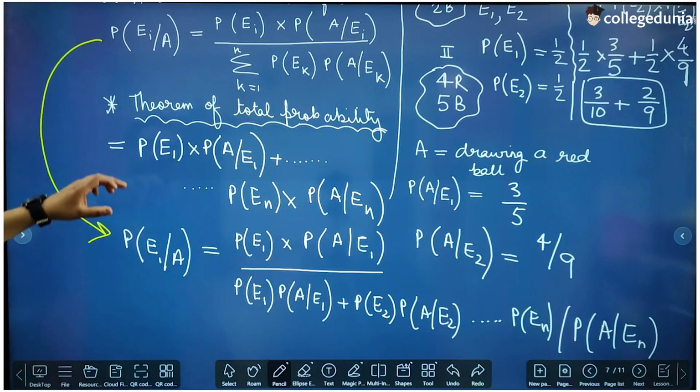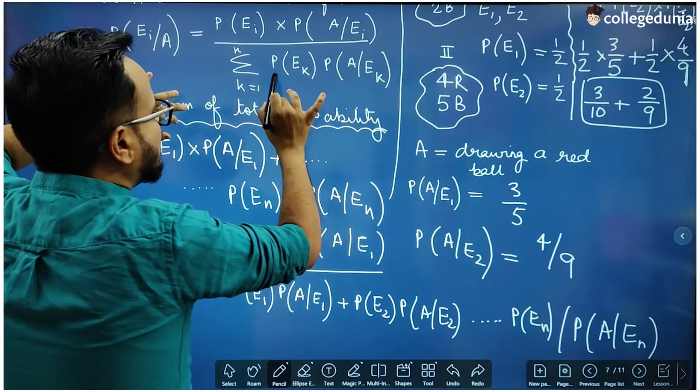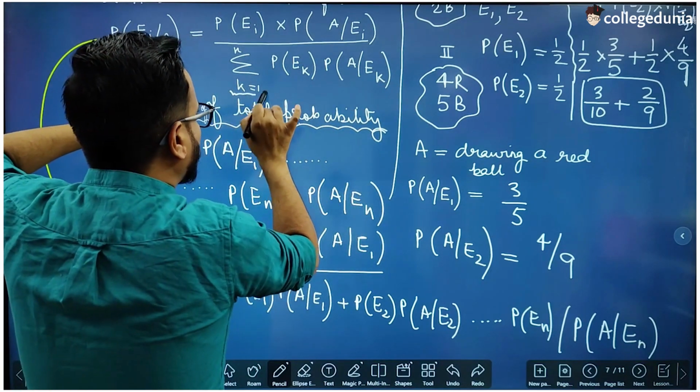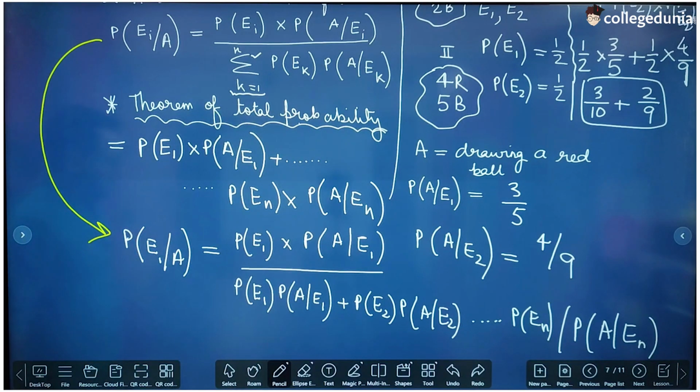That's why we have written it like this: P(Ek) into P(A/Ek), which means we are adding all these terms after putting the value of k from 1 to n, right? So that is Bayes theorem.